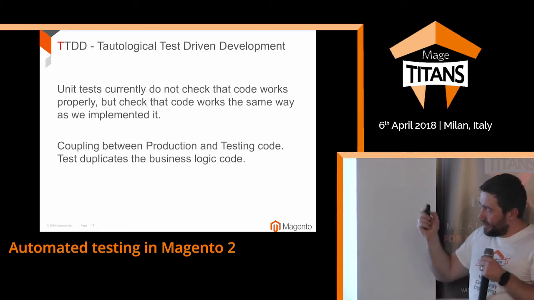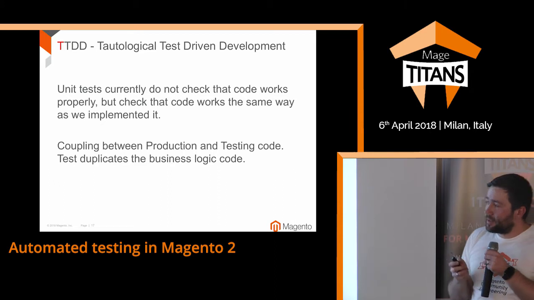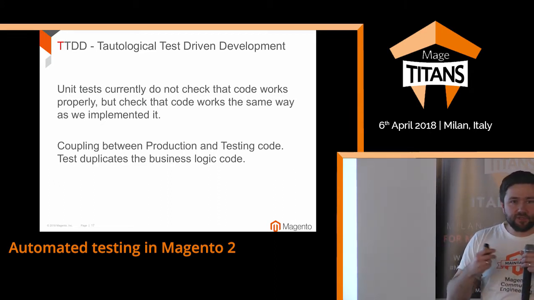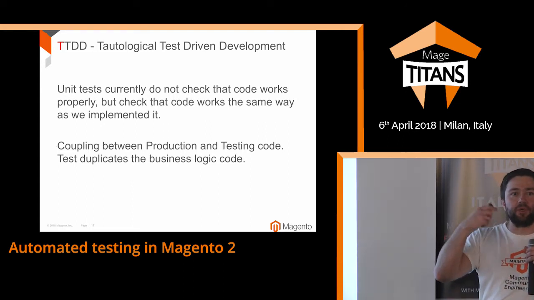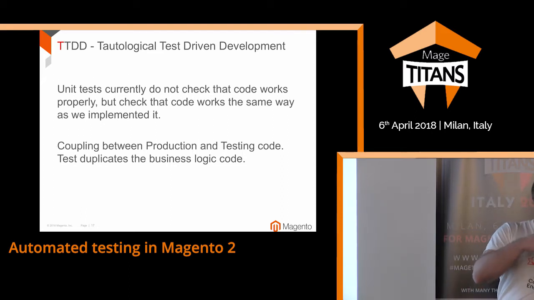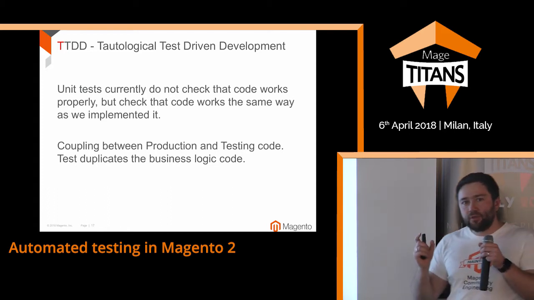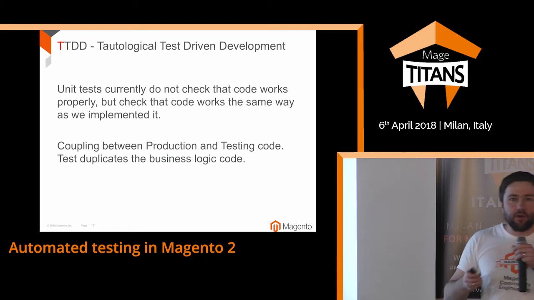And as a side effect, our unit tests currently don't check that business logic works correctly, but check that business logic works the same way it is written. So it's totally different, whether it works as expected and whether it works as it's written. And we have really strong coupling between our testing code and our production code.